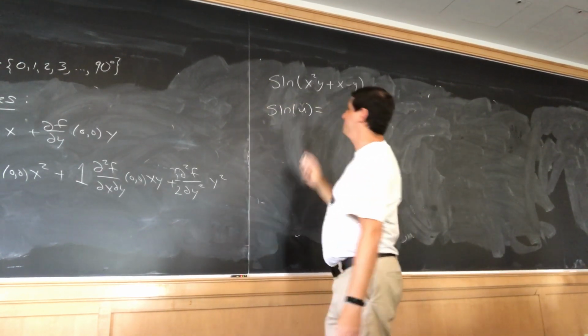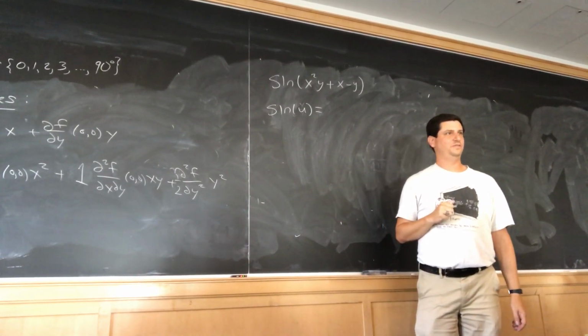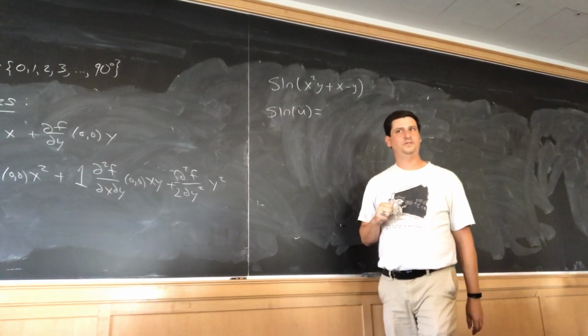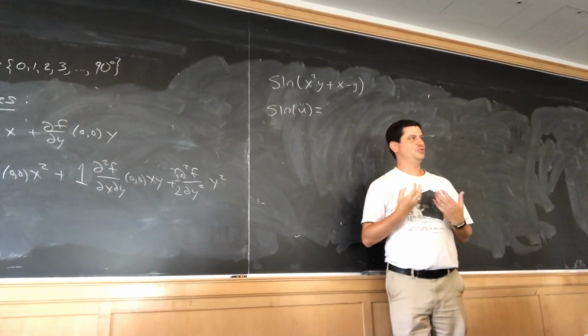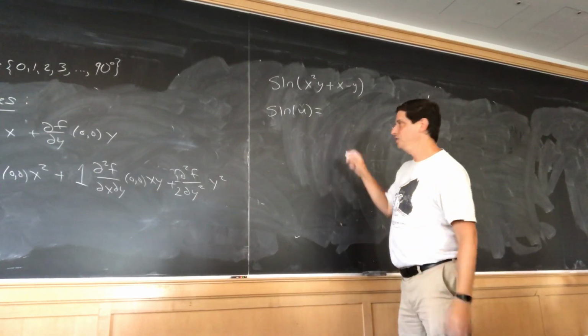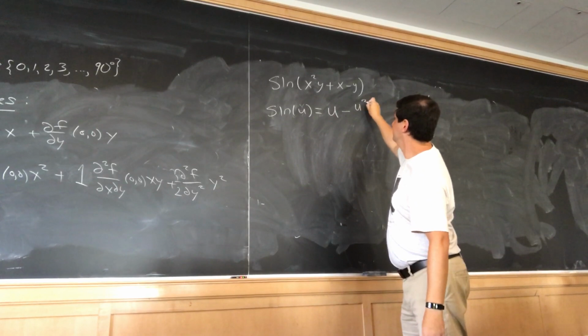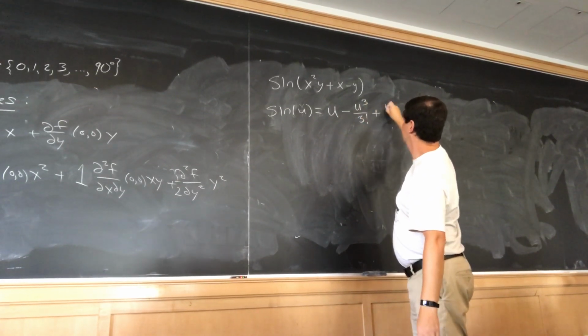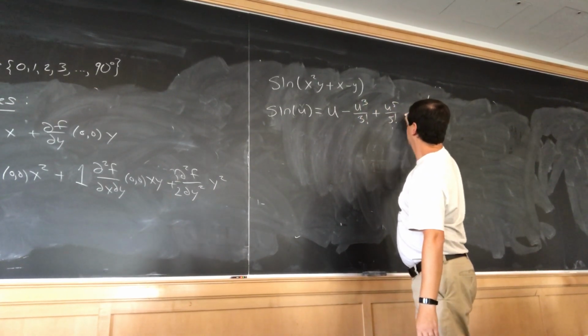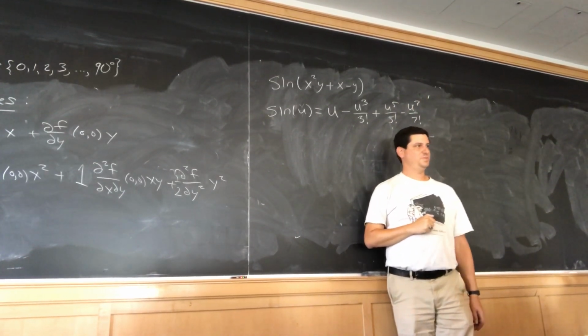What's the Taylor series of the sine of u? These are approximations you should know. Well, I'm using u as the variable, so yes. u minus u cubed over 3 factorial plus u to the 5th over 5 factorial. Great. Right? That's the expansion of sine of u.